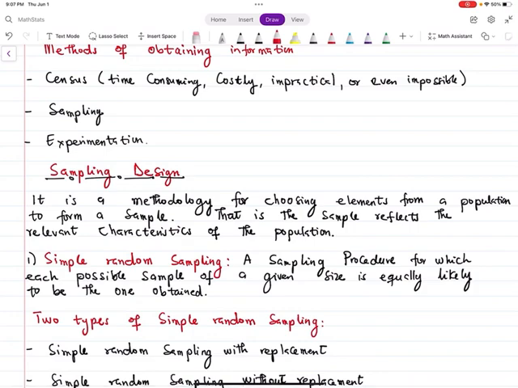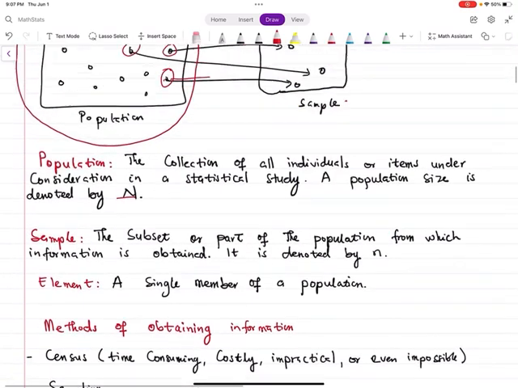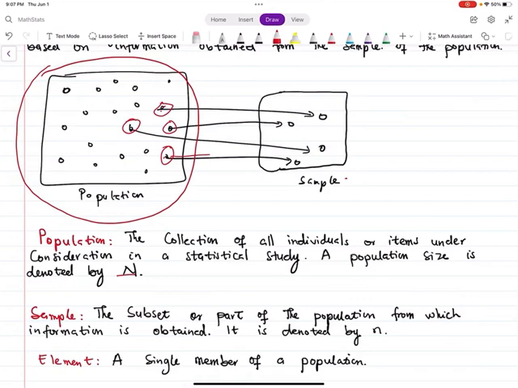We have what we call simple random sampling. What it means is that, for example, if all the items here are maybe, let's say, 15, I don't know the number, and I want to choose maybe 5 people out of these 15 elements. What simple random sampling means is that each of the elements has an equal chance of being selected.